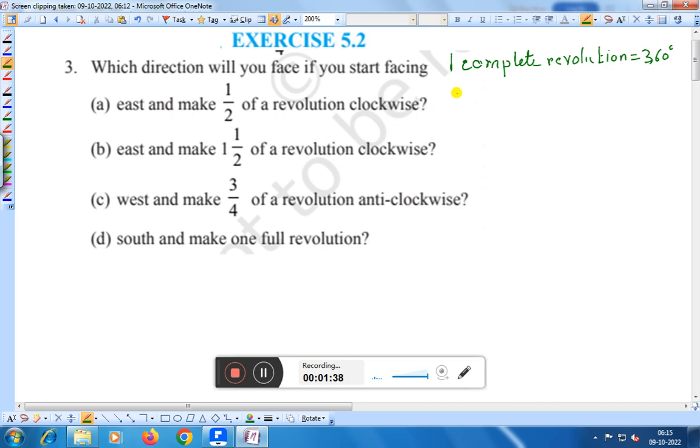Therefore half of a revolution, that is 1 by 2 of a revolution, is equal to 1 by 2 into 360 degree, right?